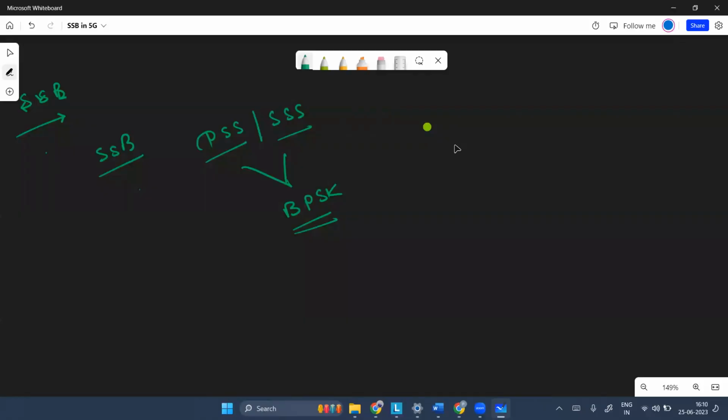So we were talking about PSS and SSS in NR, right? PSS and SSS in NR use the BPSK modulation scheme. PSS is using BPSK modulation with your M sequence.